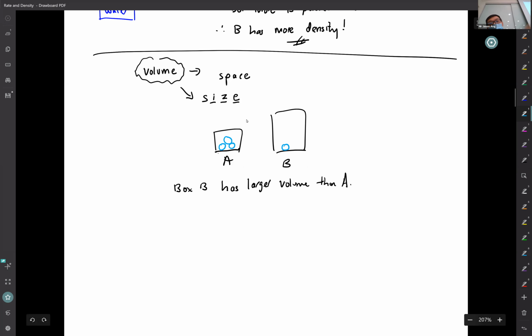I'm going to put in 1 only in B. Which box has more mass? Box A has more mass than B. Can you understand this statement? So can you understand there are 2 different things? One was comparing the volume and the other was comparing the mass.